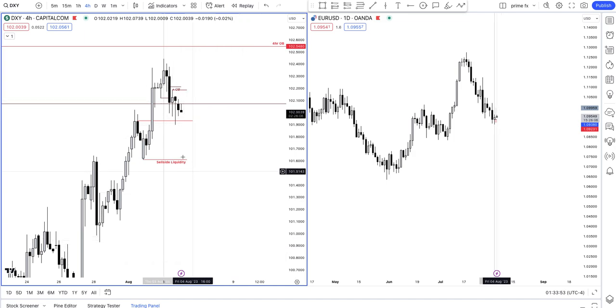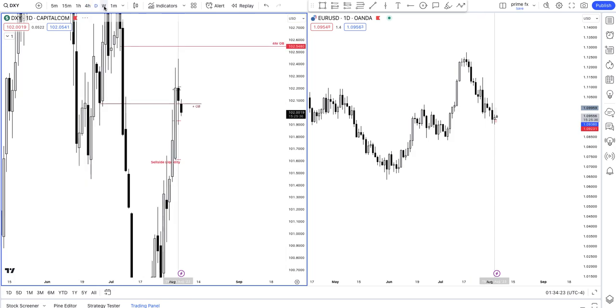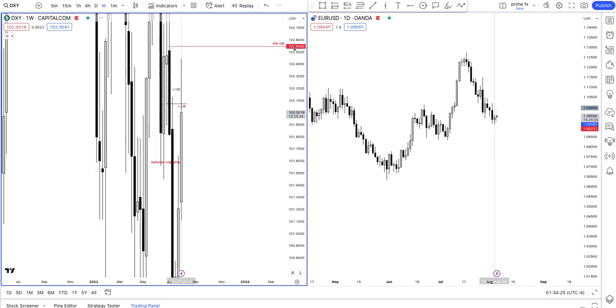But what is confusing me right now is we see price in here, price rejected hard here and went up, and now we do see price coming back down. But this is not what I want to see. So far, I'm going to stick with bearishness because I'm going to assume price is rejecting from the weekly order block.